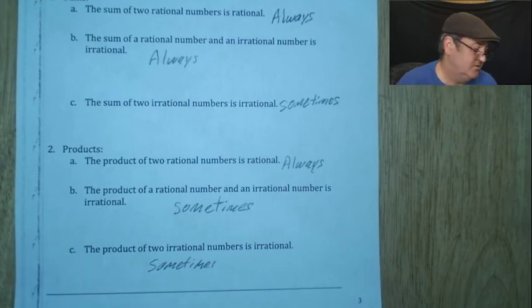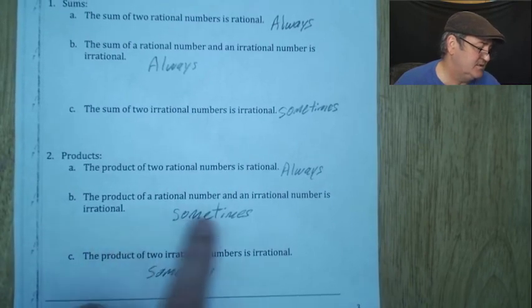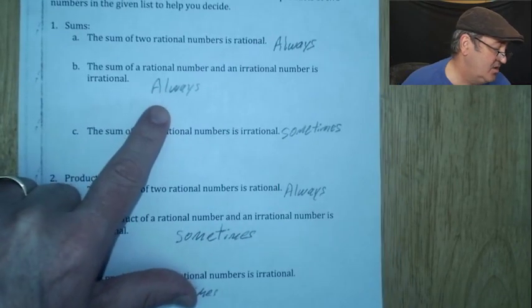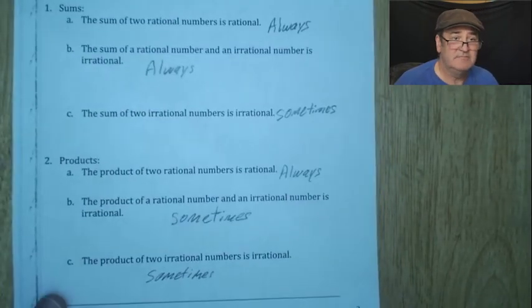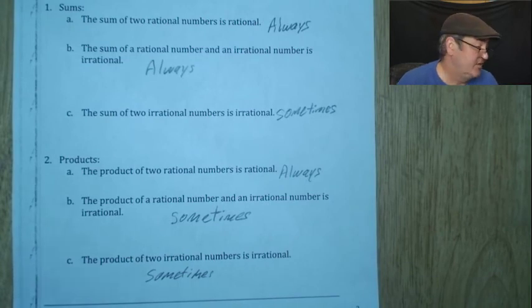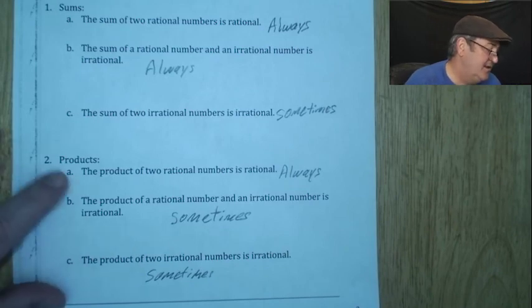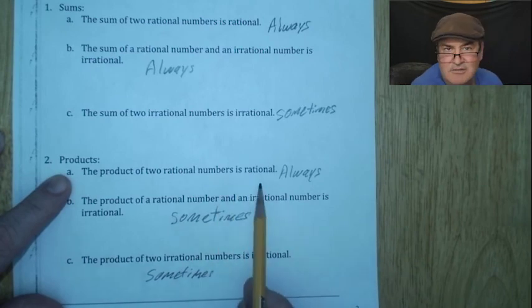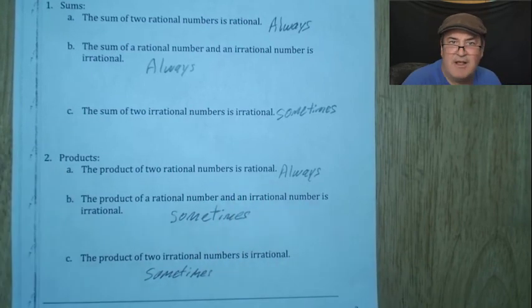Sometimes it's irrational. So this is a sometimes. Always, sometimes, always, always. So there. 3 out of the 6 were always. 3 out of the 6 were sometimes. None of those are never. The only thing that would be never is if we said the product of two rational numbers is irrational. Well, that'd be never because it's always rational.